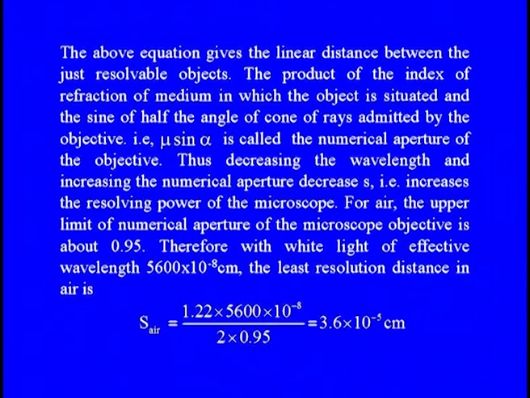For air, the upper limit of numerical aperture of the microscope objective is about 0.95. Therefore, with white light of effective wavelength 5600 angstrom, the least resolution distance in air is of the order of 3.6 into 10 to the power minus 5 centimeter.